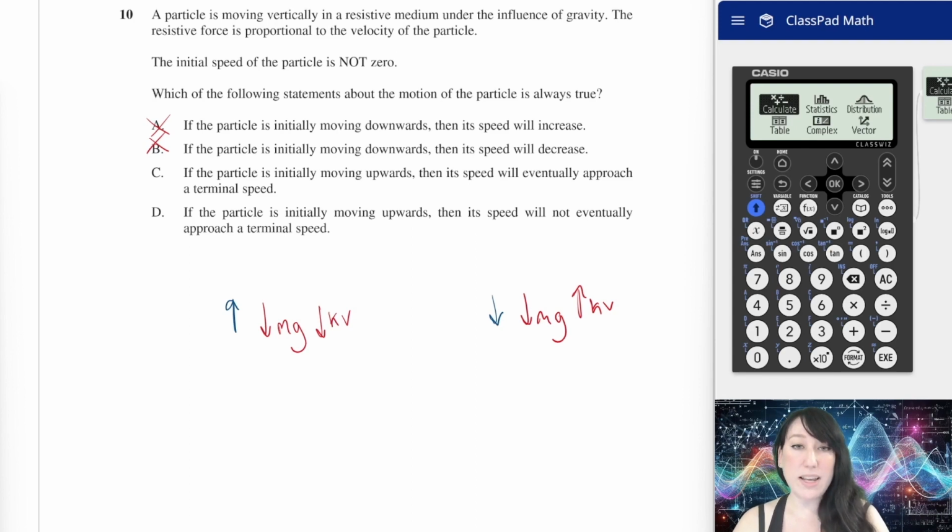So at some point, it will reach a speed of 0, and then it will start coming back down. Since that change of direction means it will reach a speed of 0, we know that initially mg is stronger than kv. So it will accelerate downward until mg and kv are equal, at which point it will reach a terminal speed. So option C is the right one.